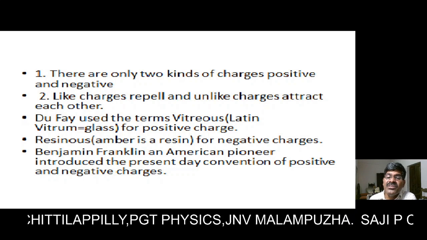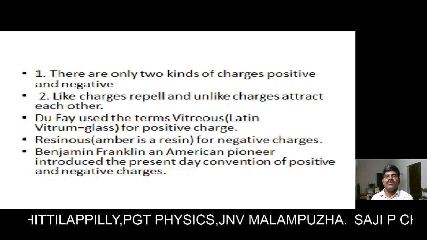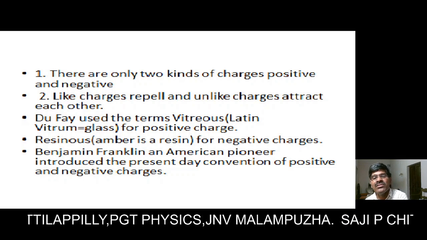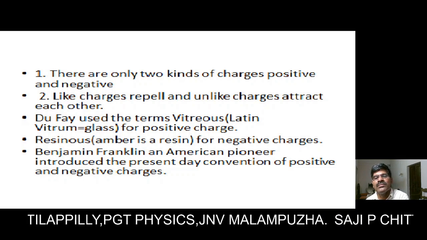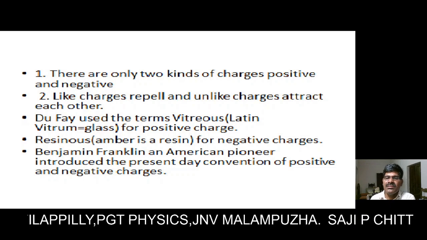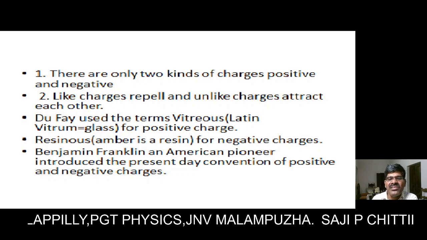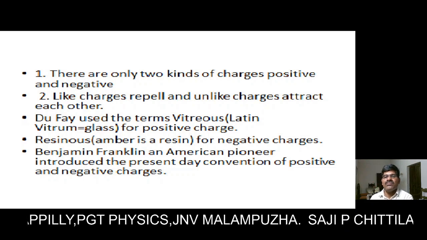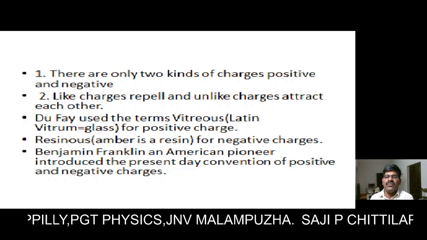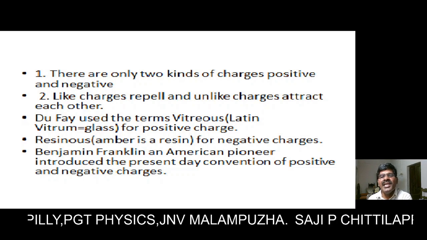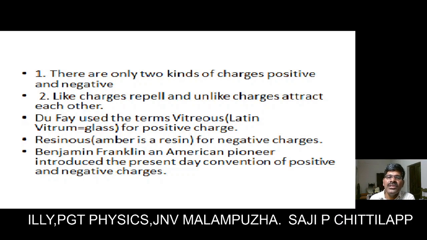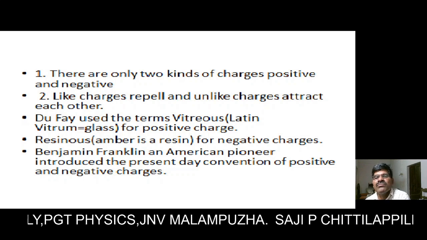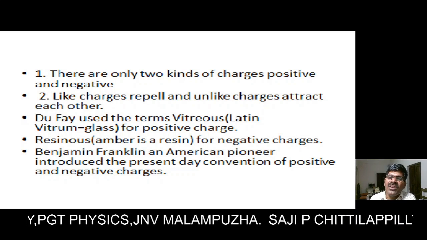Dufay used the terms vitreous, since in Latin vitrum means glass, for positive charge, and resinous, since amber is a resin, for negative charge. Benjamin Franklin, an American pioneer, introduced the present day convention of positive and negative charges.